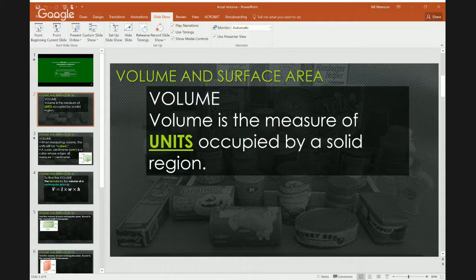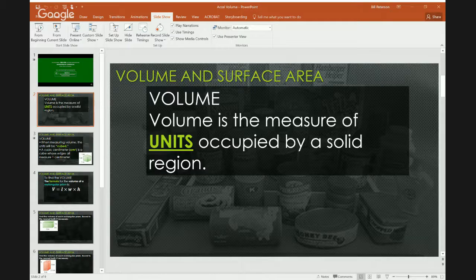Volume is the measure of units occupied inside of a solid region. So we're going to measure everything in units here. When we talk about volume, the units will be cubed units. In getting cubed units, we're multiplying the length times the width times the height.